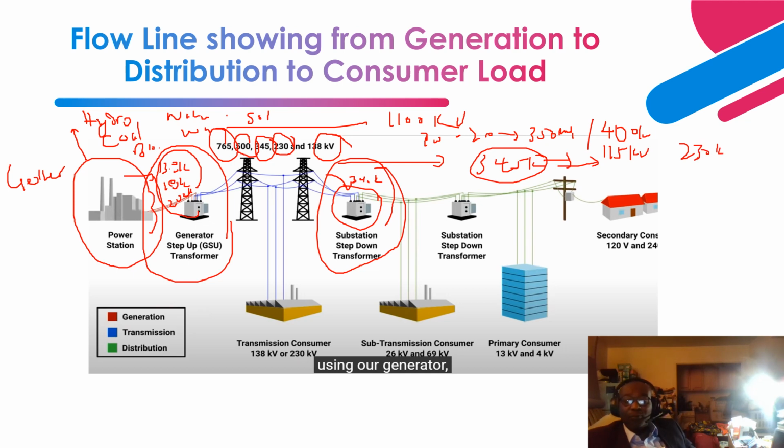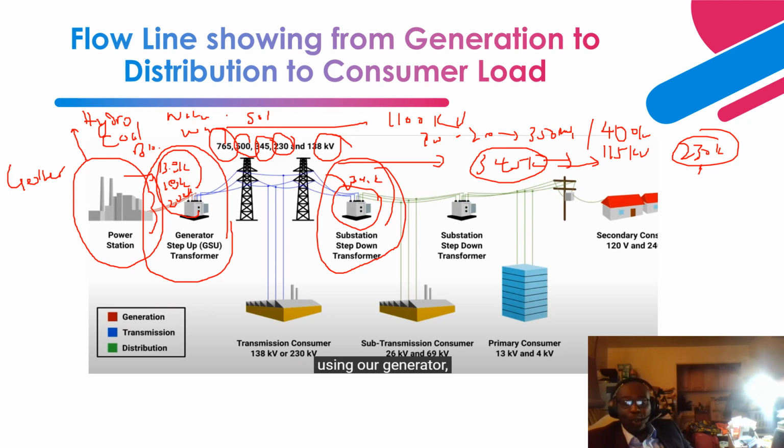To achieve 230 kV, because that voltage is so high, it is always achieved through an auto transformer. As you can see here, the turns ratio is very small, and for that turns ratio being small, it is usually done through an auto transformer from 345 kV to 230 kV.